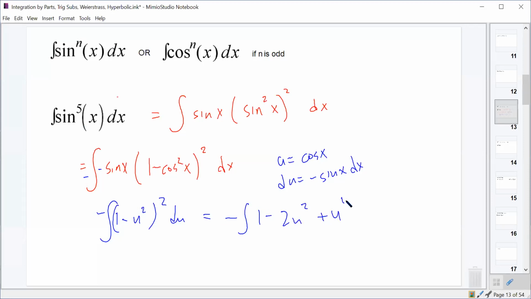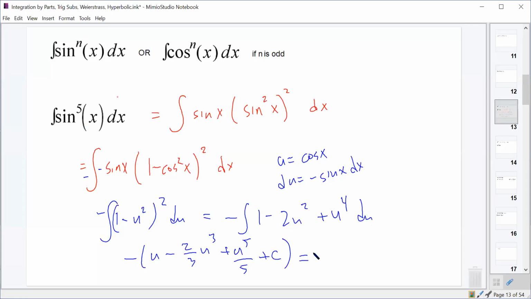And then a plus u to the fourth du, and we'll integrate that to get what? u minus 2/3 u cubed plus u to the fifth over 5 plus our constant.